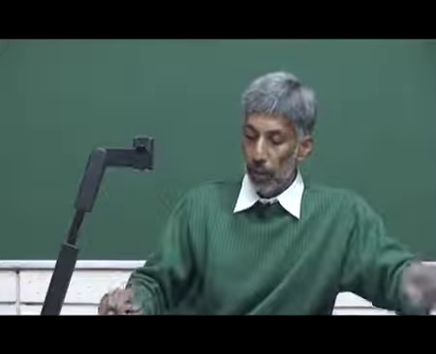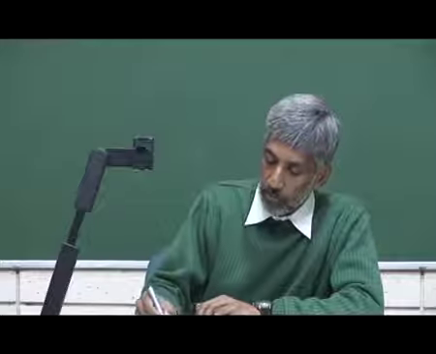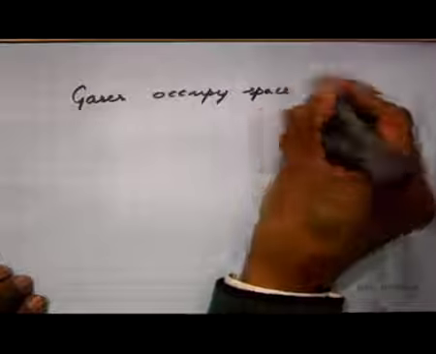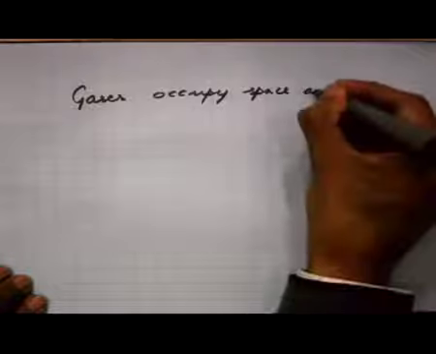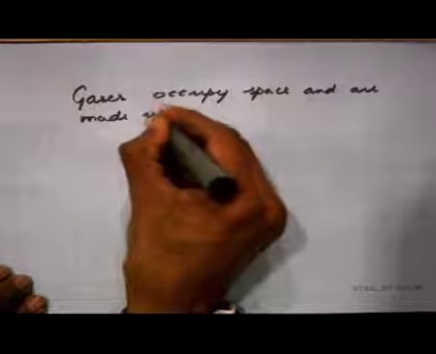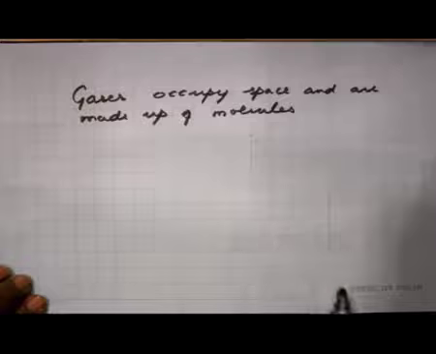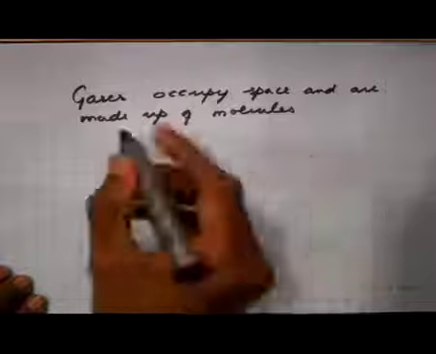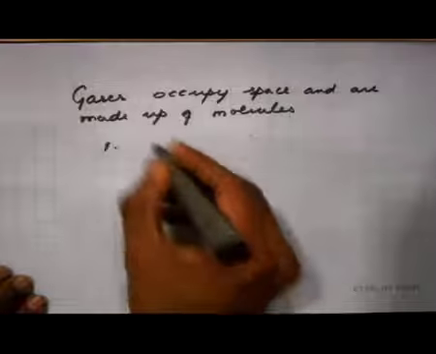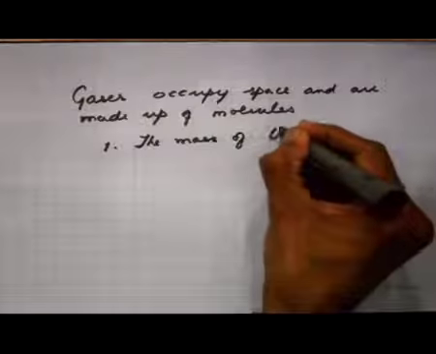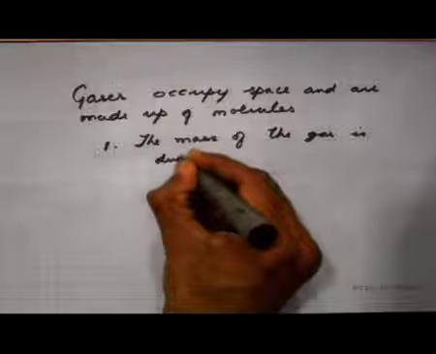So, the first thing that we know is that gases occupy space and are composed of molecules. The first thing that this model says is that the mass of the gas is due to molecules.